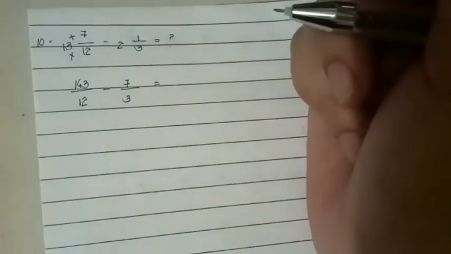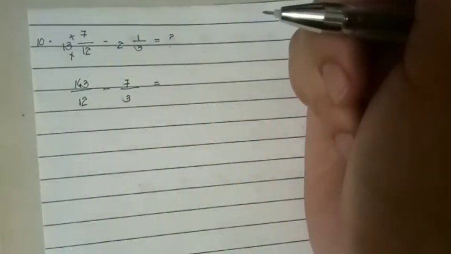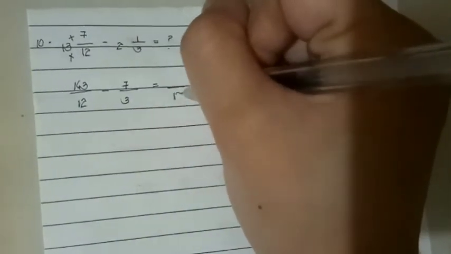Copy yung denominator, which is 12. Next, 3 times 2 is equal to 6 plus 1 is equal to 7. Then, copy ulit yung denominator, which is 3. Hindi na naman pareho yung denominator nila, kaya kukunin muna natin yung LCD. So, ang LCD ng 12 and 3 is 12.